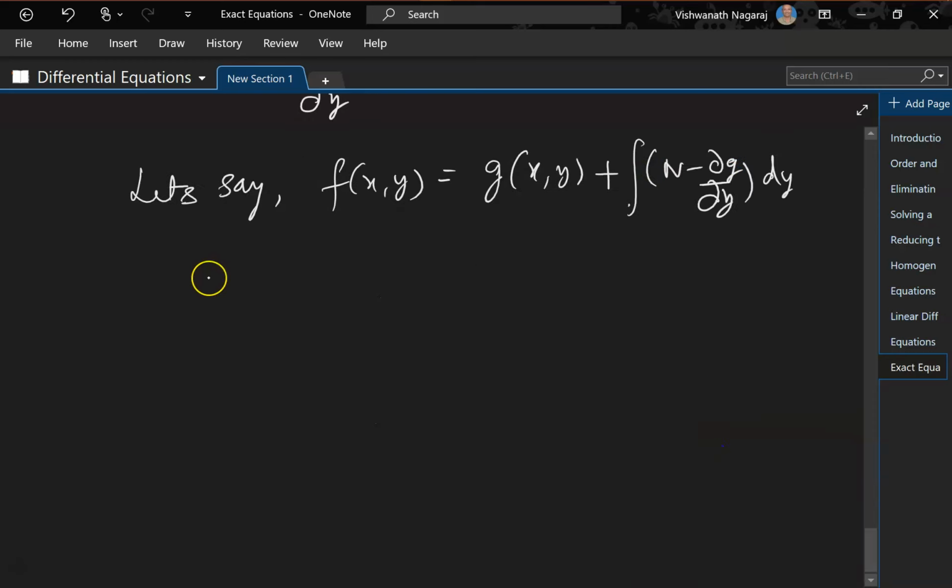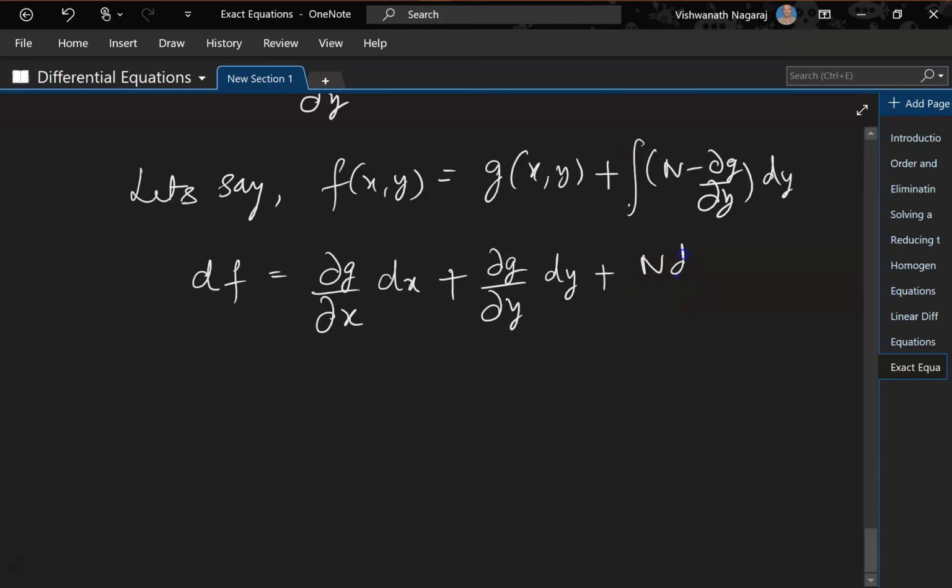Let's do partial differentiation, right? So when we differentiate, we get df is equal to ∂g/∂x dx plus ∂g/∂y dy plus, now when we differentiate, this integral gets cancelled, so N dy minus ∂g/∂y dy.